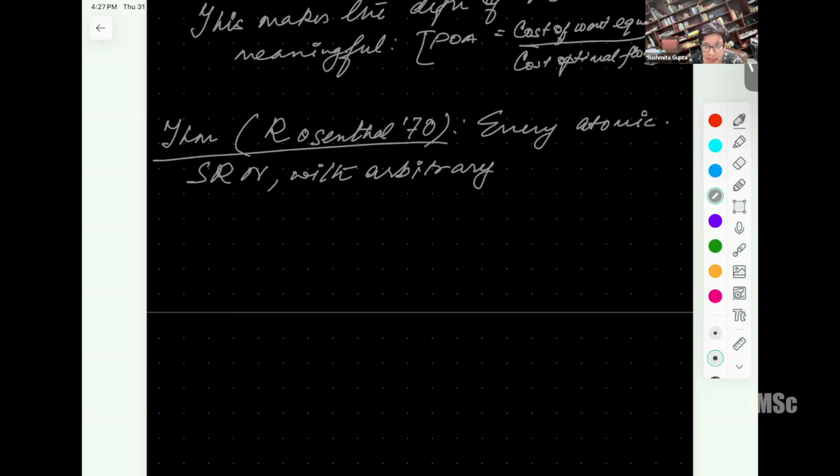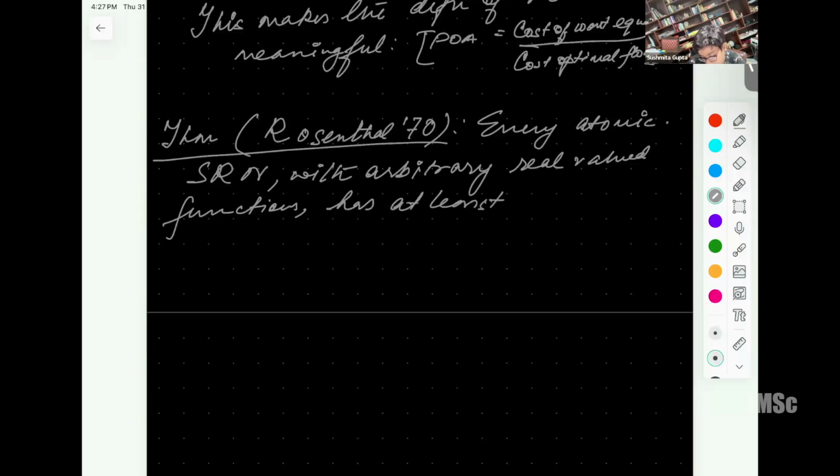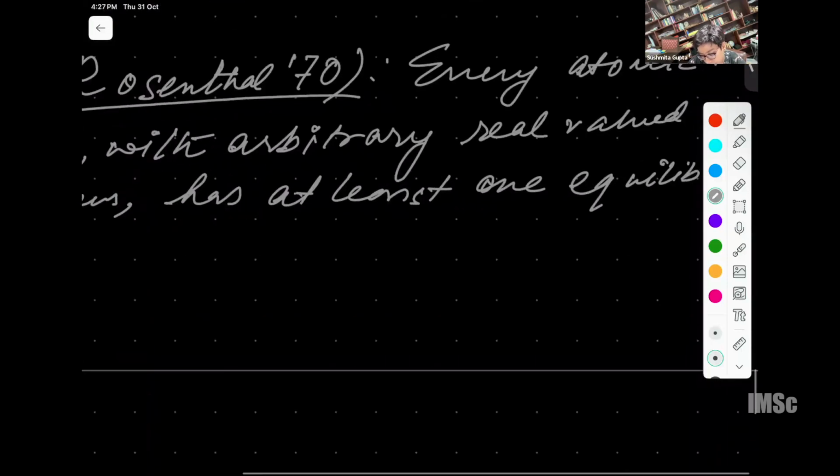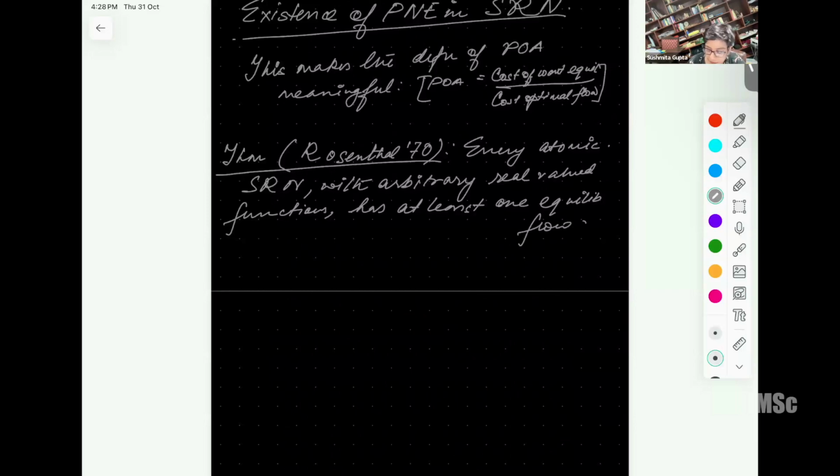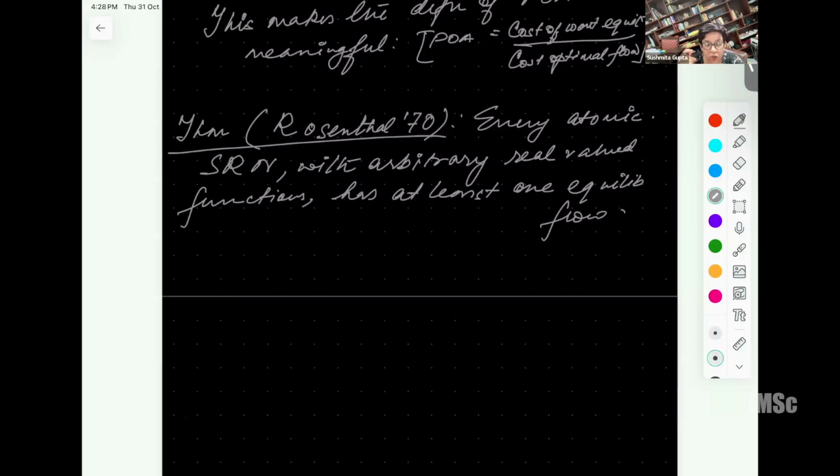Okay, so I'll make some comments regarding that, but this is the version that's attributed to Rosenthal, with arbitrary real valued cost functions, has at least one equilibrium flow. So we are not talking about only affine cost, linear, nothing. We are talking about arbitrary real valued cost functions.